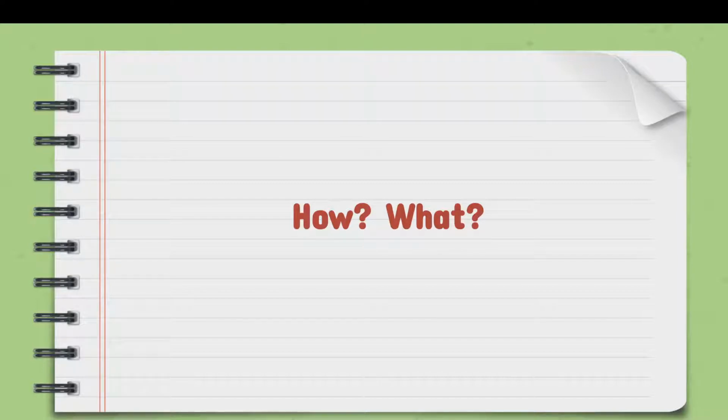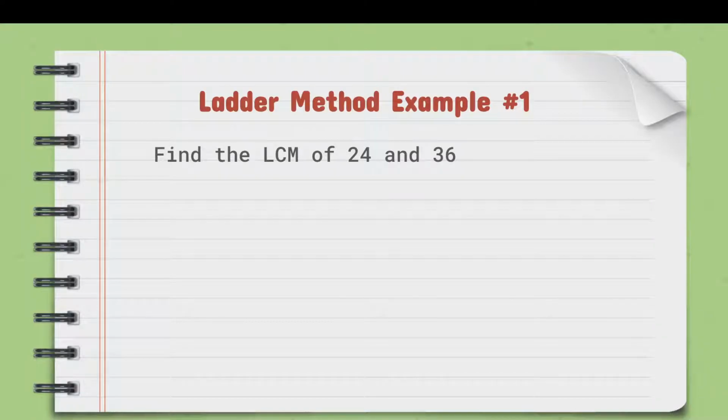So for the first example, let's try finding the LCM of 24 and 36. Pause the video and try it by yourself. Let's put 24 and 36 side by side and divide them using the upside down division. 2 goes into 24 and 36, and you get 12 and 18. 2 goes in again and you get 6 and 9.